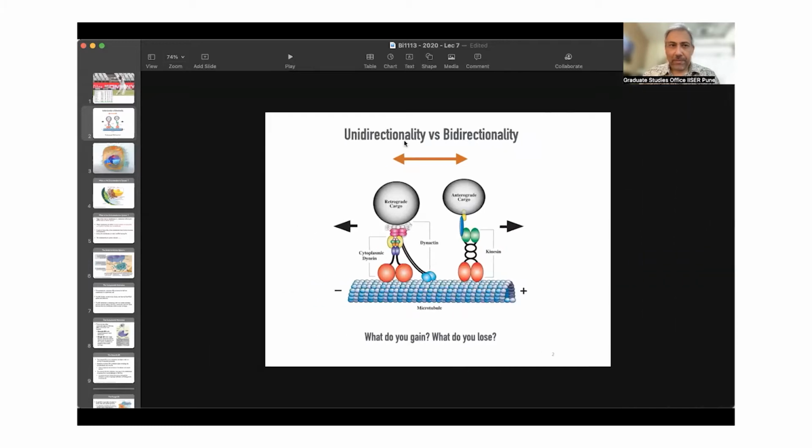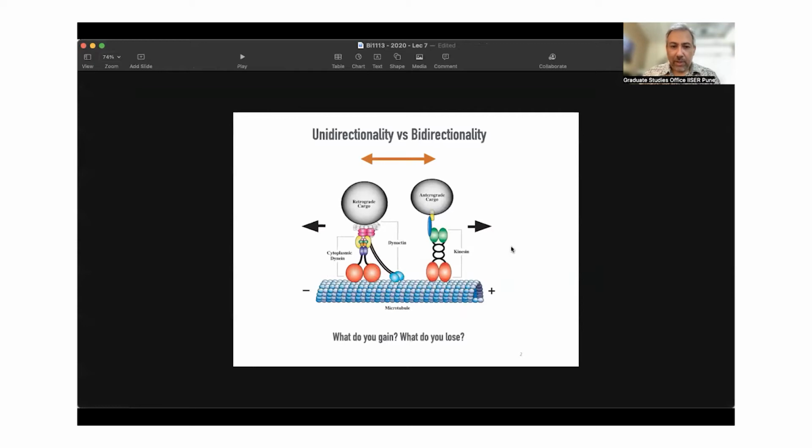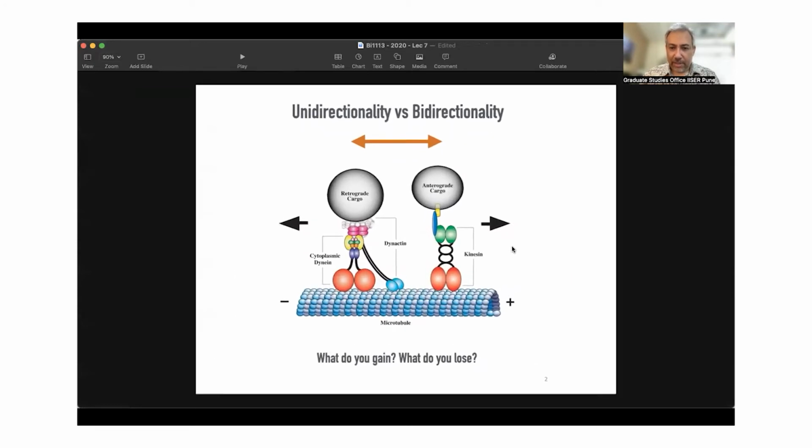So yeah, any thoughts, anybody? Unidirectionality versus bidirectionality. No thoughts? Okay, somebody's put their hand up, I'm thinking.